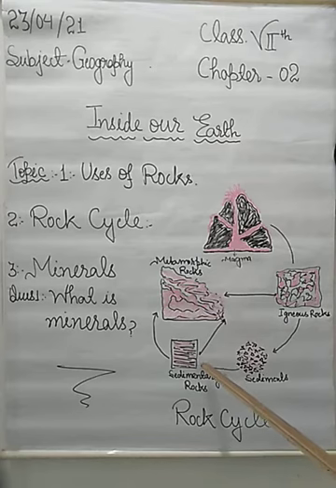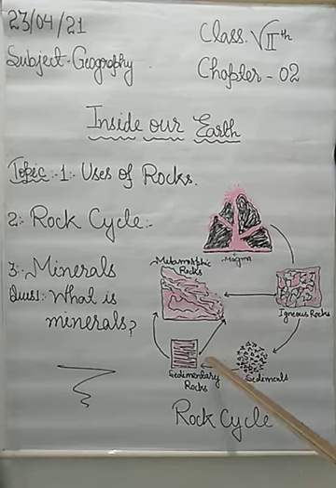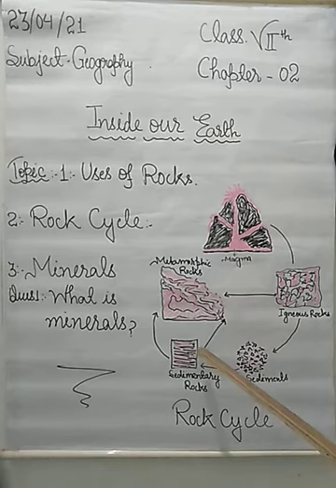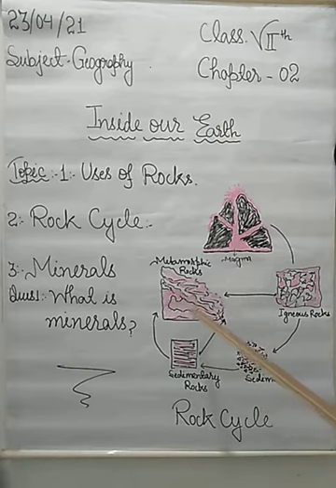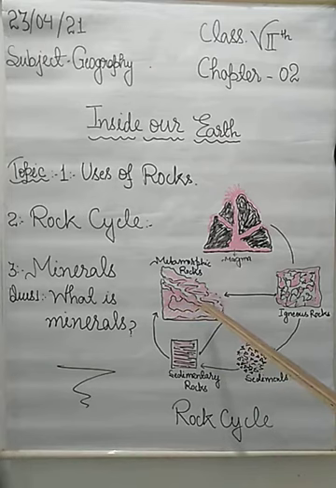And after a long period of time, due to too much heat and pressure, the movement of the earth, and also the interior action of the rocks inside the earth, they change into metamorphic rocks. Okay?